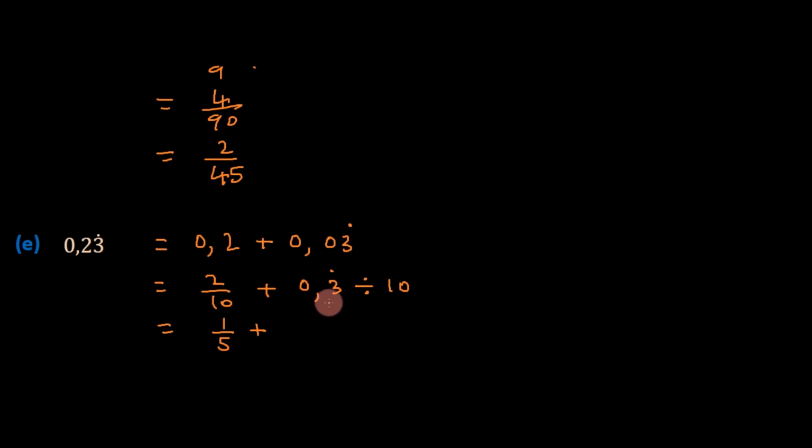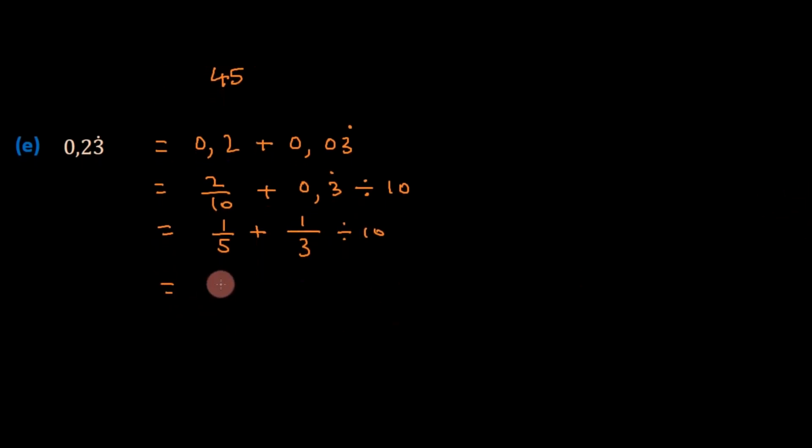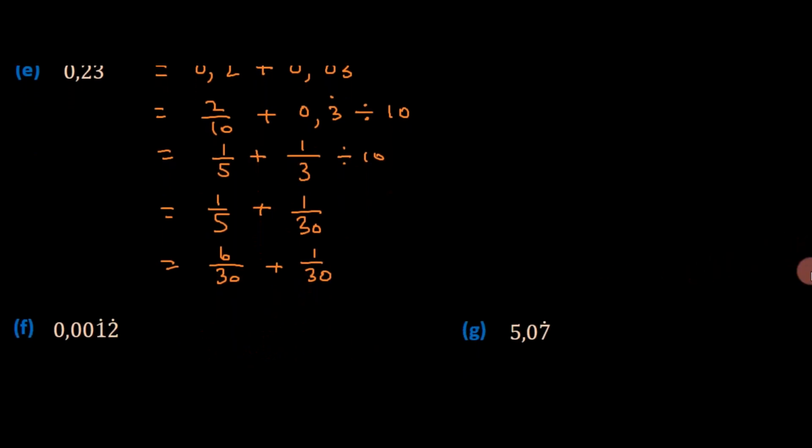This is 3 over 9, which is a third. And then divided by 10, which is a fifth, plus 3 times 10 is 30. We want the denominators to be the same, so we're going to multiply the numerator and the denominator here by 6. So it's 6 over 30 plus 1 over 30. And of course, this is 7 over 30.